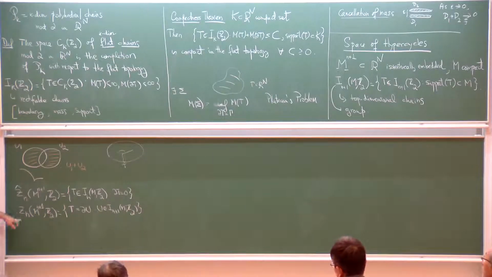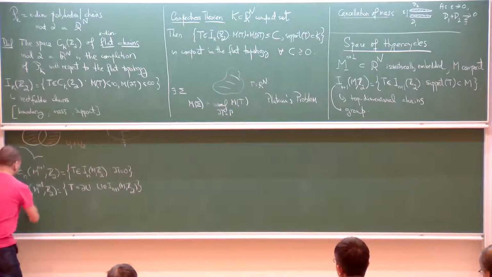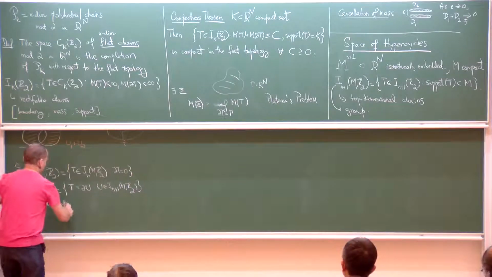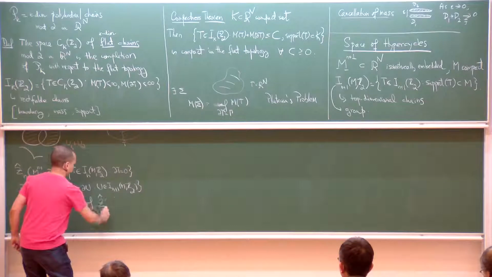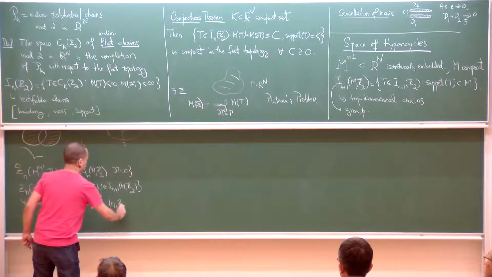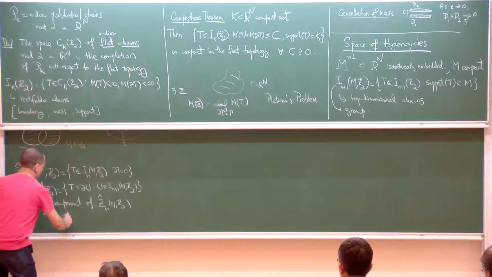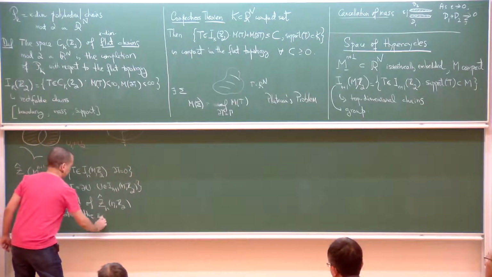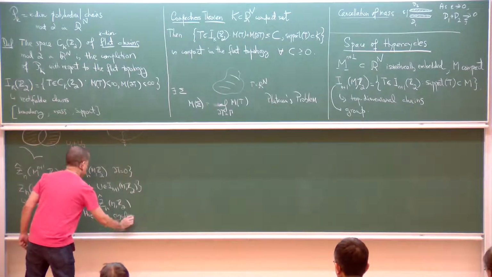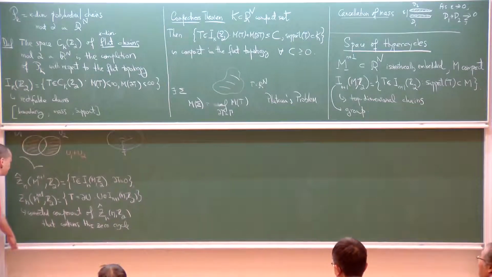So the idea is that Z is, in the flat topology, the connected component of Z hat that contains the zero cycle. I'm going to consider this connected component.